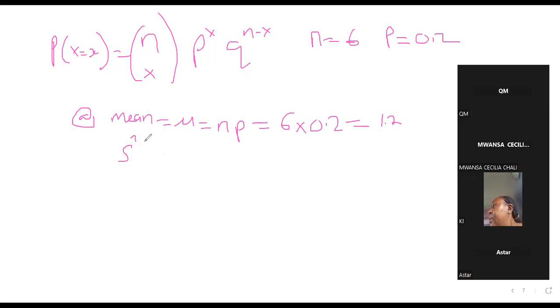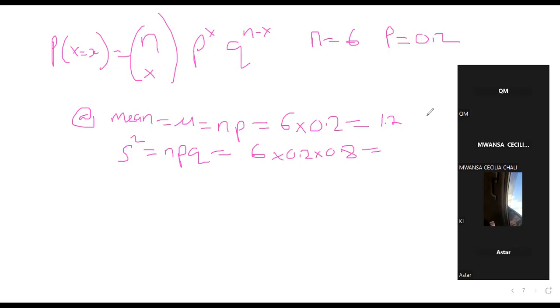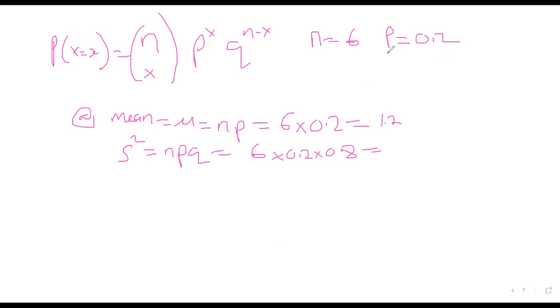Our variance is given by npq. Our n is 6, our p is 0.2, our q is 0.8. How do we find the 0.8? P and q always add up to what? 100%. So if your p is 20%, your q should by default be 80%.